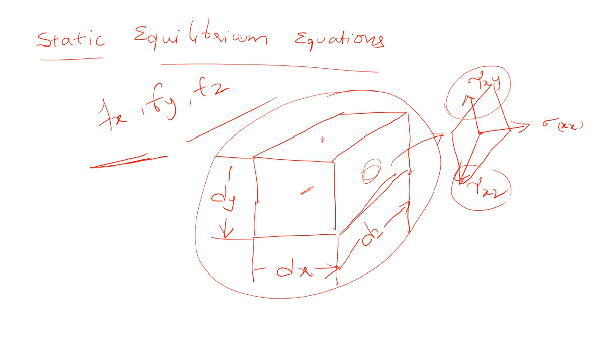Once we understand the concept for one direction, the x direction, the remaining two directions are similar. That is how we understand the equilibrium condition in the x direction.